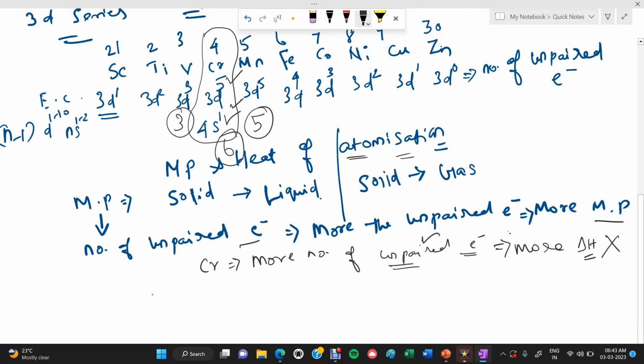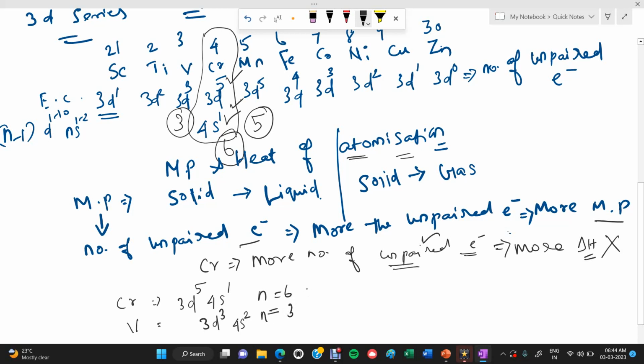So let me write here: chromium, that is 3d5 4s1. The number of unpaired electrons n is equal to 6, right? And here vanadium, that is 3d3 4s2. So the number of unpaired electrons n is equal to 3.